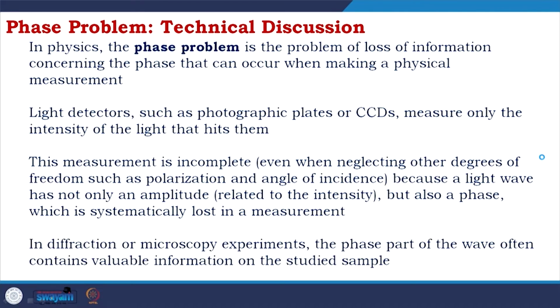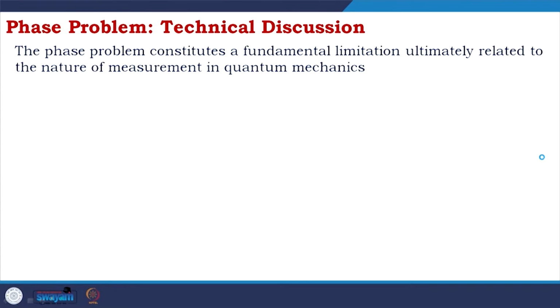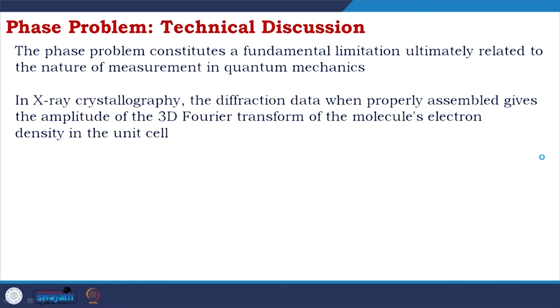In diffraction or microscopy experiments, the phase part of the wave often contains valuable information on the studied sample. The phase problem constitutes a fundamental limitation ultimately related to the nature of the measurement in quantum mechanics. In X-ray crystallography, which is our topic, the diffraction data, when properly assembled, gives the amplitude of the 3D Fourier transform of the molecule's electron density in the unit cell.